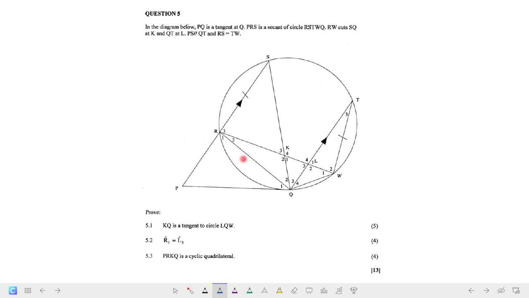So whenever you're given a line or two lines that are equal, it is important that you first look at these lines, whether they are chords or just lines within the circle, right?